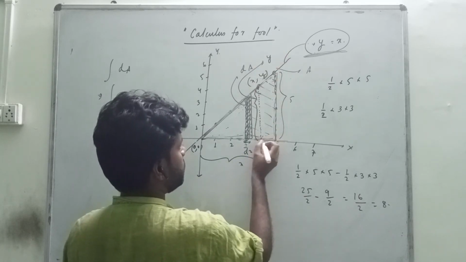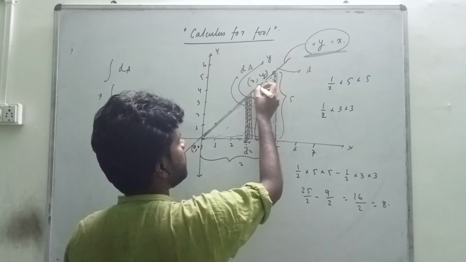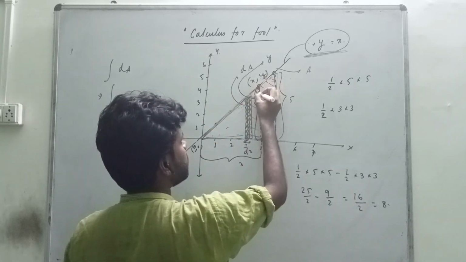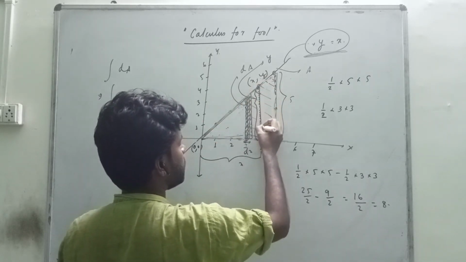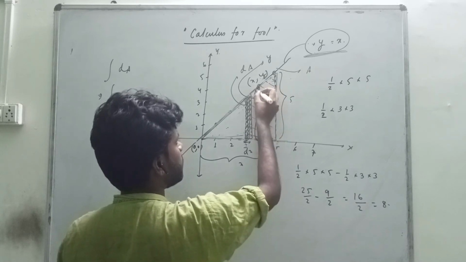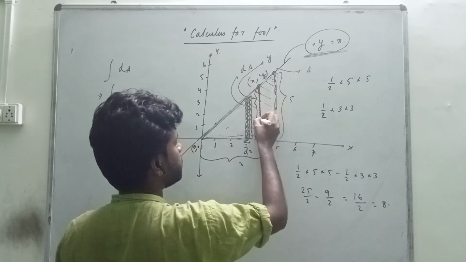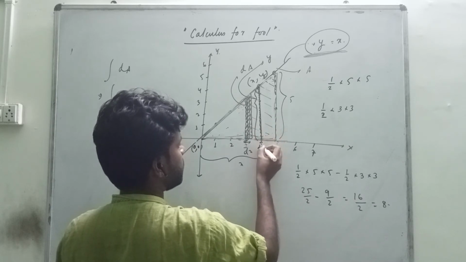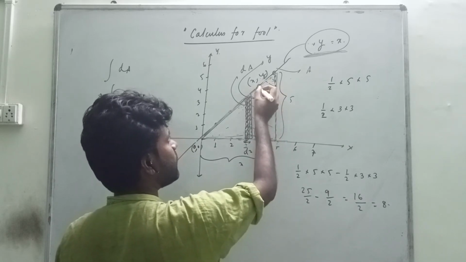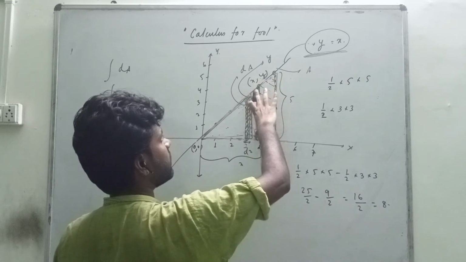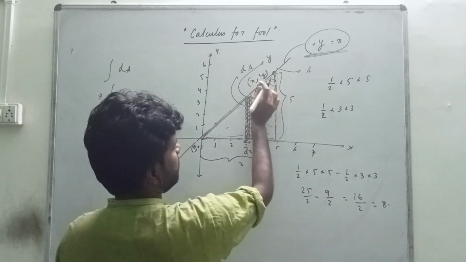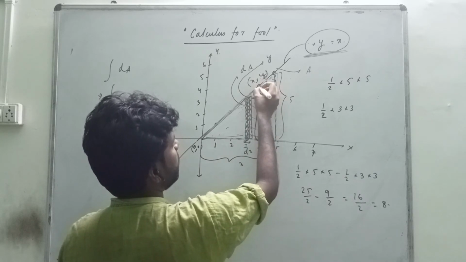And if you consider a very small area in that region, right? The very small area. So the base length is dx and the height almost remains constant, the y, right? Almost remains constant because I decided the very small area.